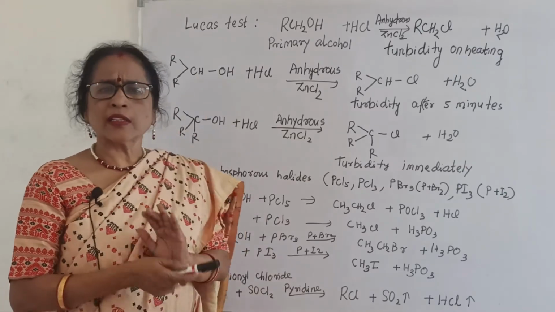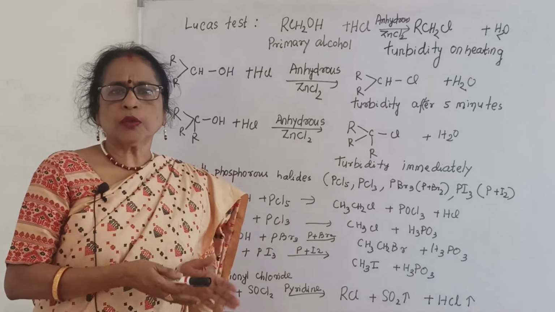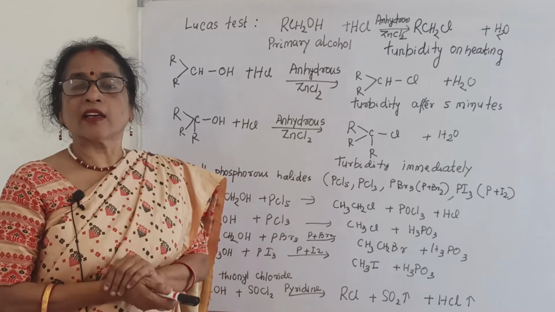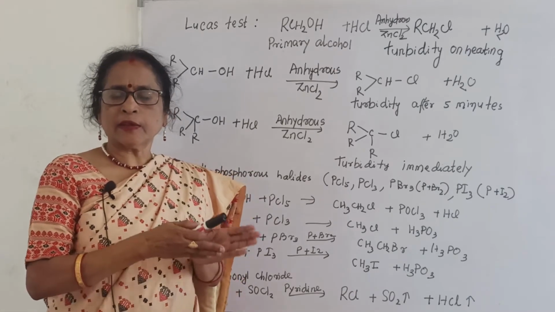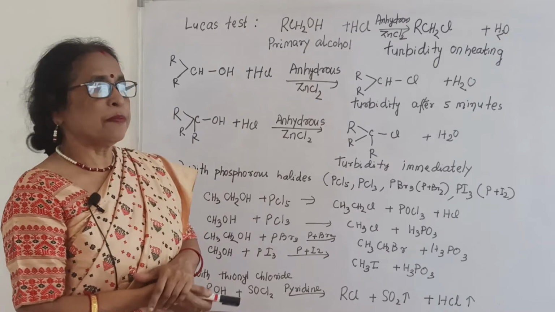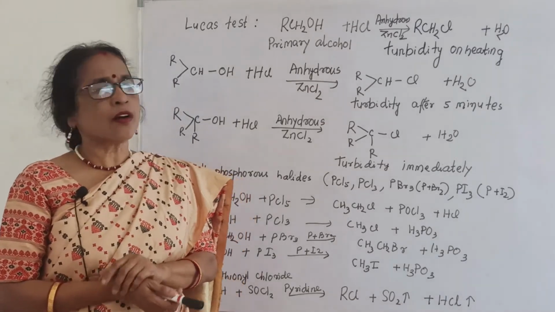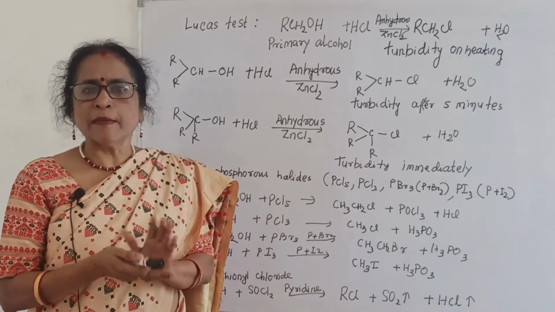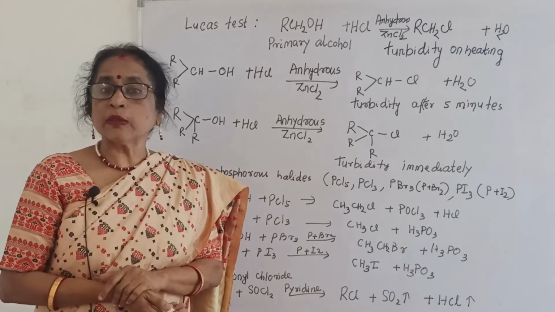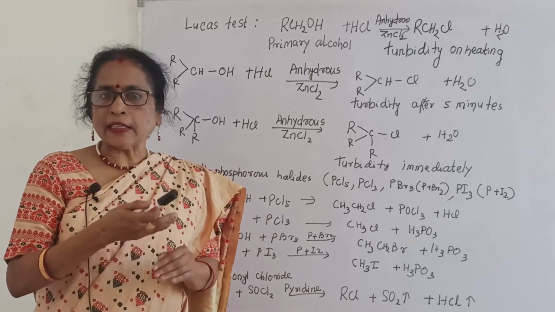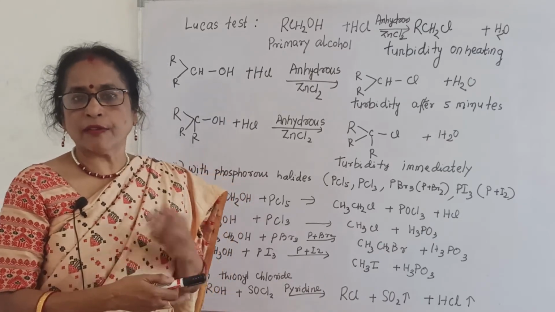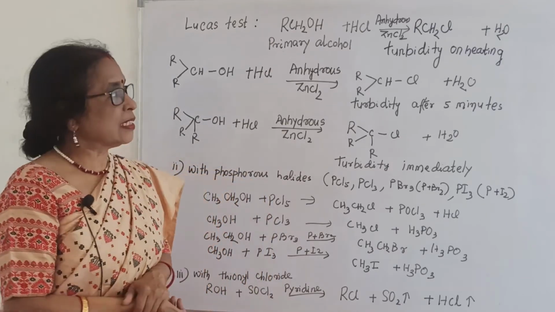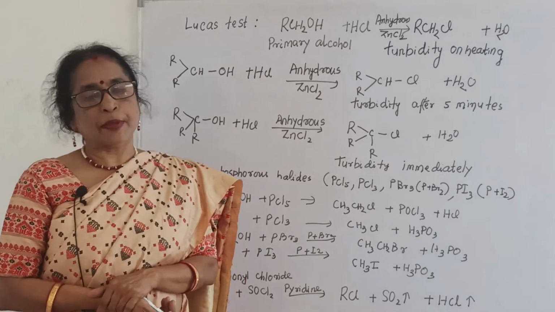Generally, when alcohol reacts with hydrochloric acid in the presence of anhydrous zinc chloride, the corresponding haloalkane is produced. Haloalkane is generally immiscible with water and produces turbidity, but depending on the type of alcohol, whether primary, secondary or tertiary, the turbidity appears according to the time and temperature.